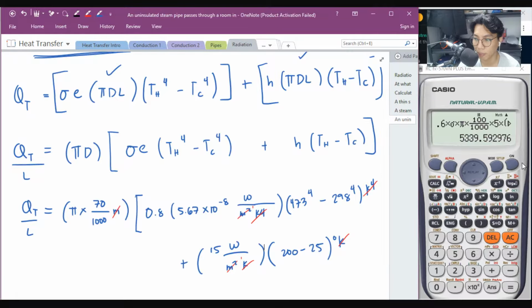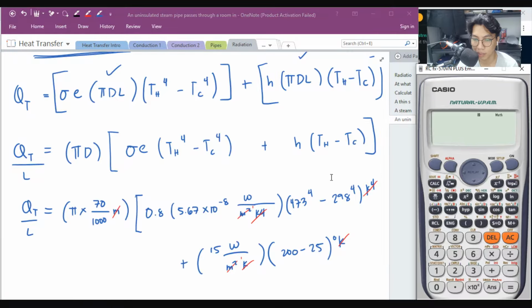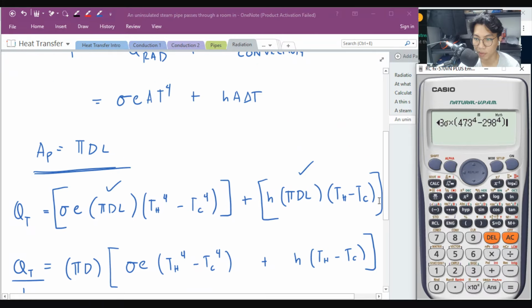Okay, solve natin. Una natin nasa loob. Okay. 0.8 times, kahit wag ng times, constant, 5.67 times 10 to the negative 8. Yan. Times 473 raised to the fourth minus 298 raised to the fourth. Yan. May binigay bang length dyan?